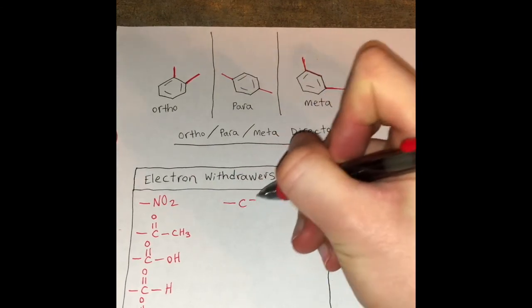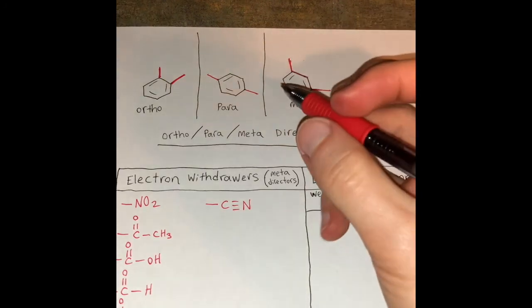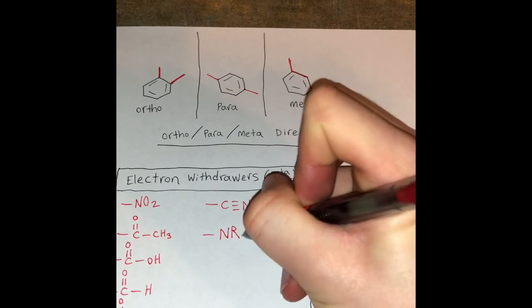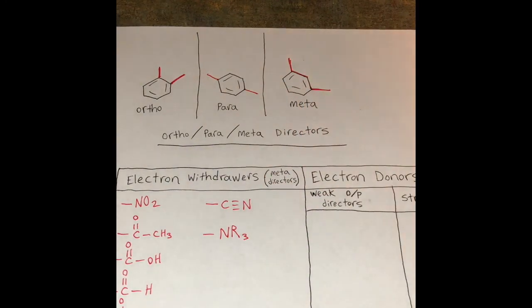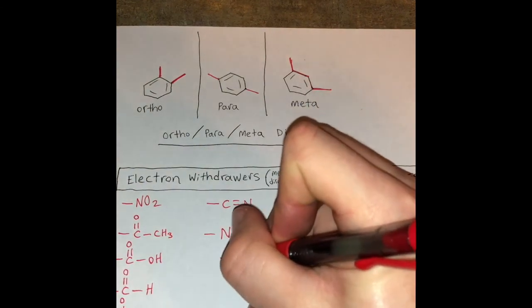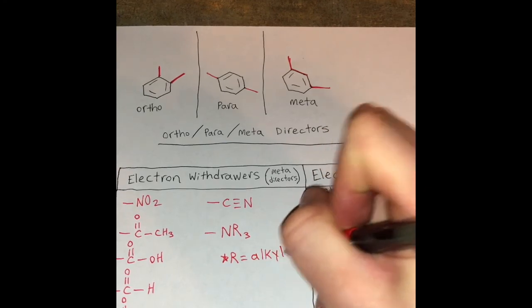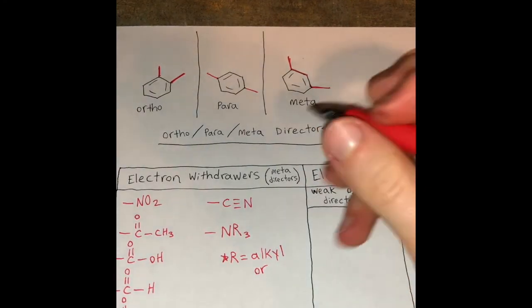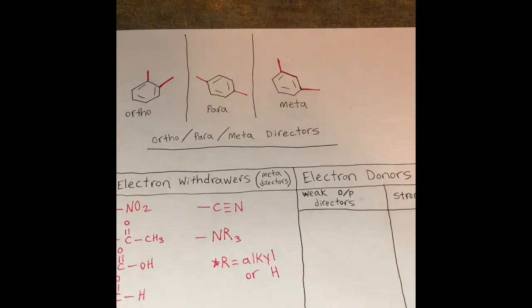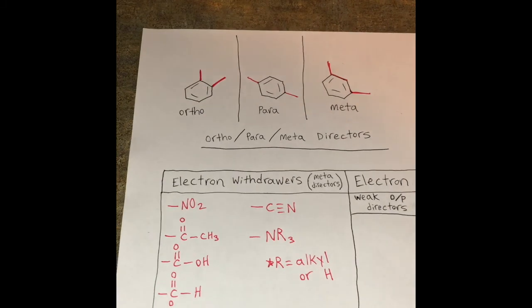If you have a C triple bond N, NR3, and this is where R equals an alkyl group or an H. So these are your electron withdrawers, meta directors.